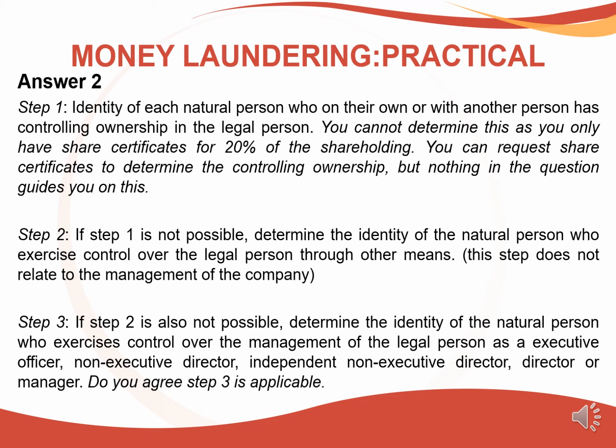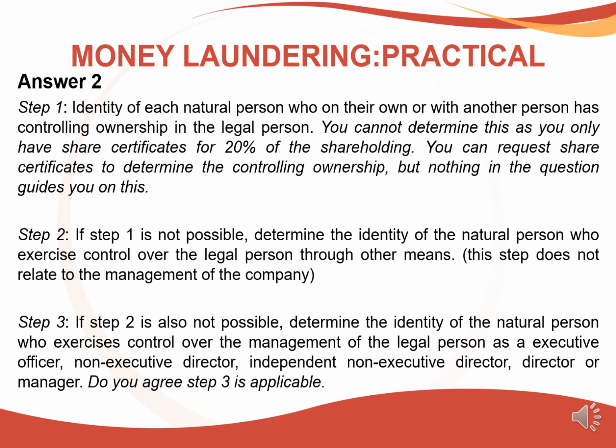Then you're going to ask yourself, is it not possible to determine the identity of the natural person who exercises control over the legal person through other means? Now, do you agree with me? I say nothing about the management of the company in this question. Now, step 2 might not be possible.